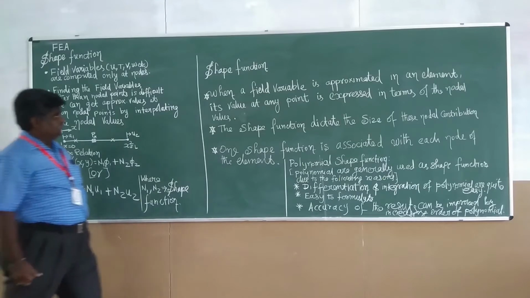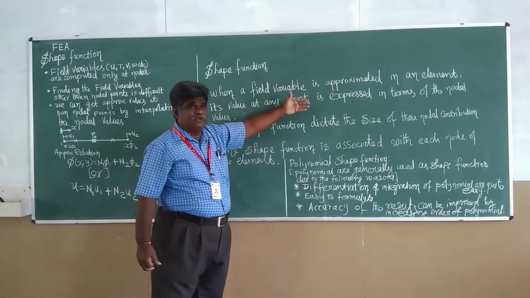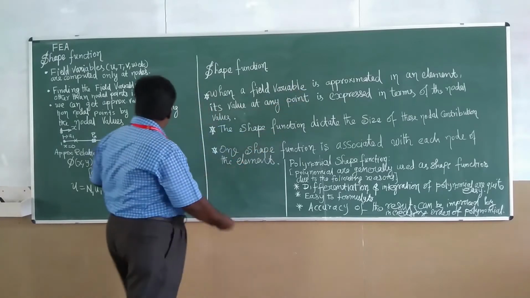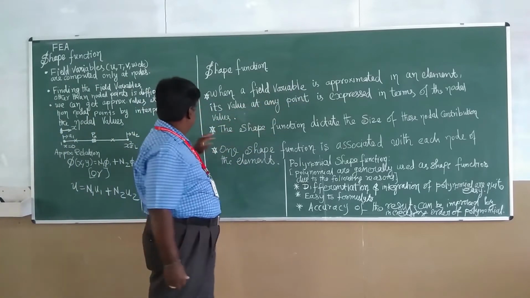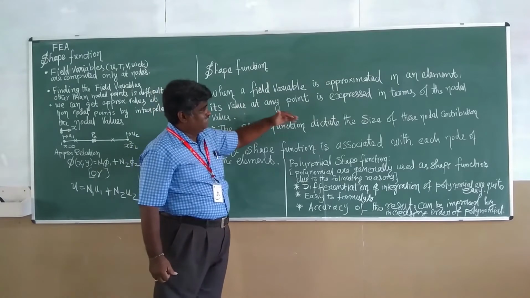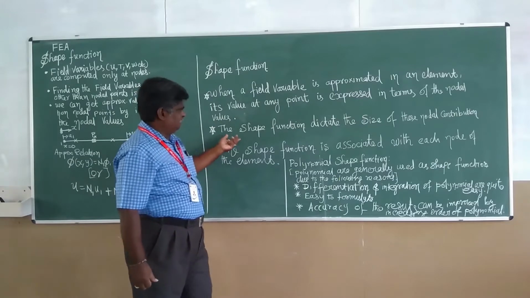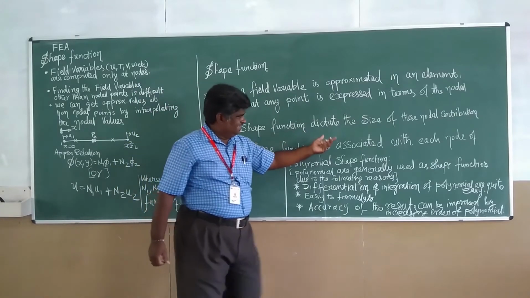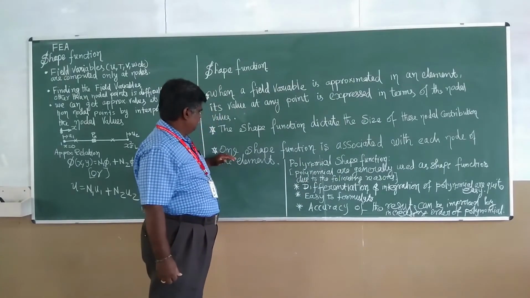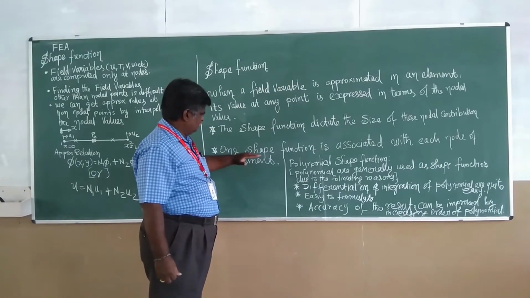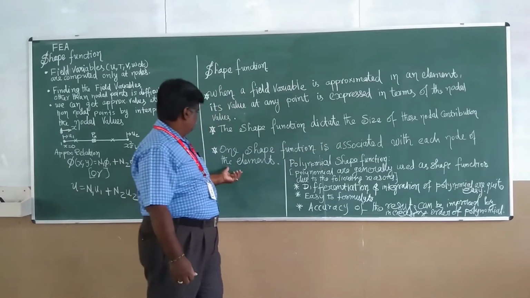Next, when a field variable is approximated within an element, it is expressed at any point in terms of the nodal values. The shape function dictates the size of each nodal contribution. The third concept is that one shape function is associated with each node of the element.